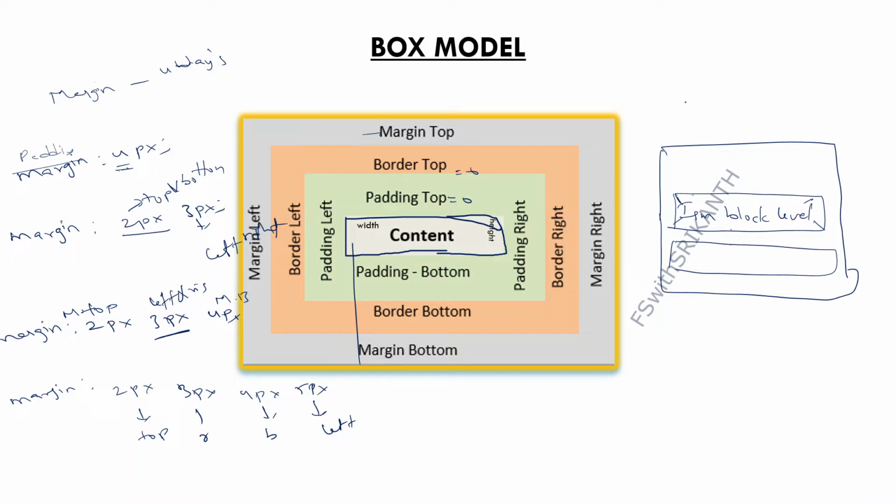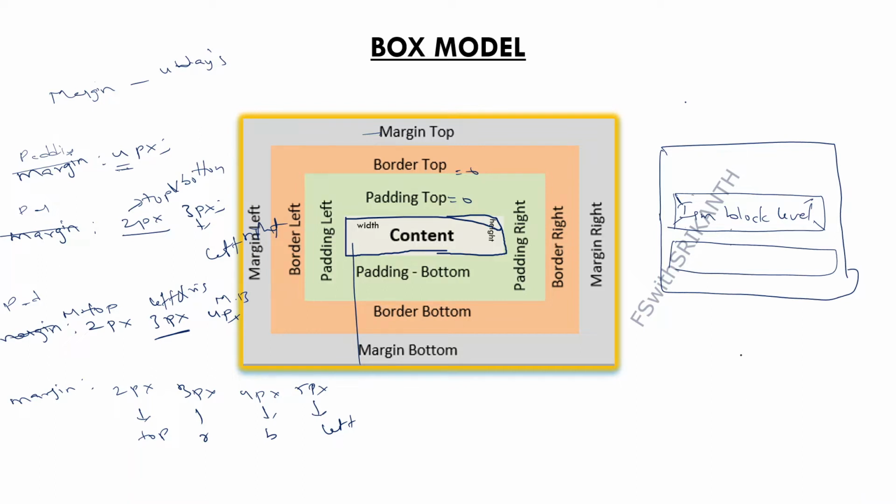If we give two values, they apply to top and bottom, then left and right. If we give 3 values, they are padding top, padding left and right, and padding bottom. The same way we can represent it. So how can we represent the border?